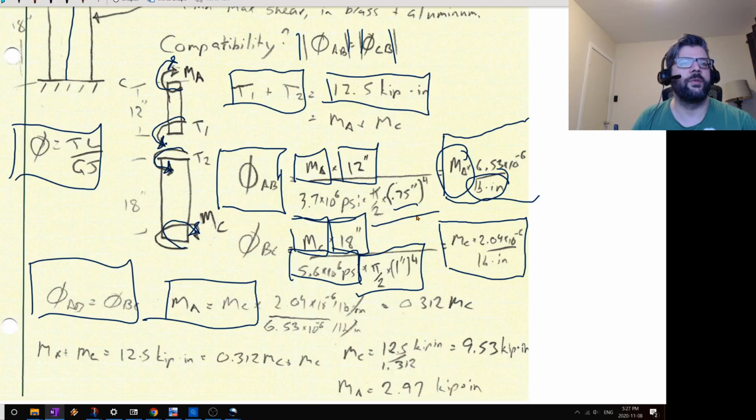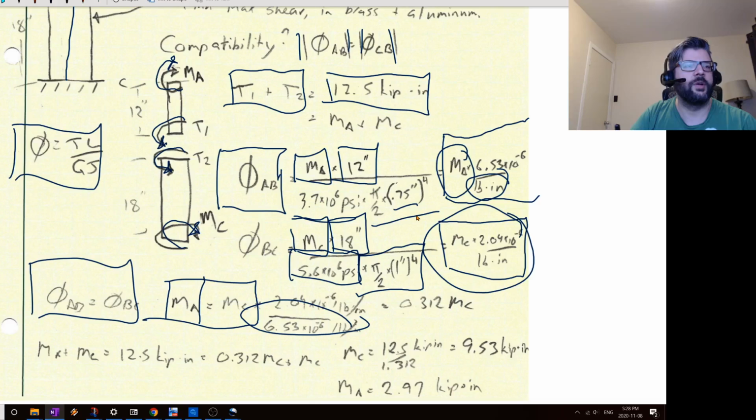So I just solve it. We can solve for MA by dividing by this term here. It ends up that MA is 0.312 times MC.